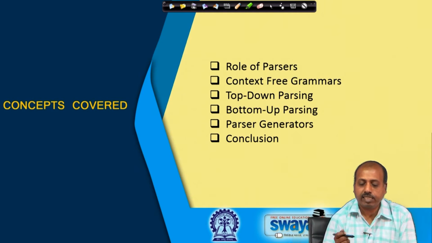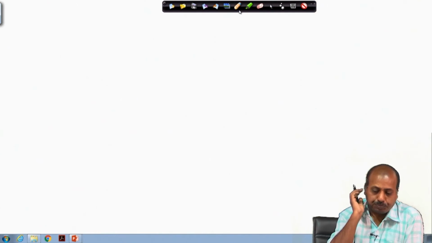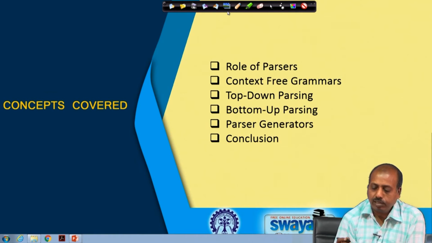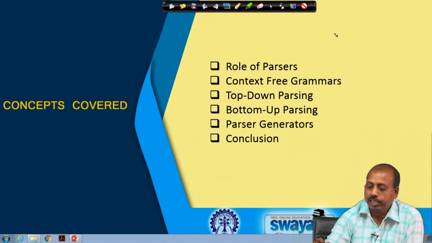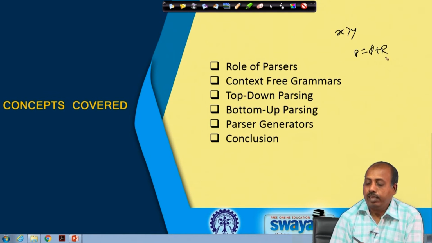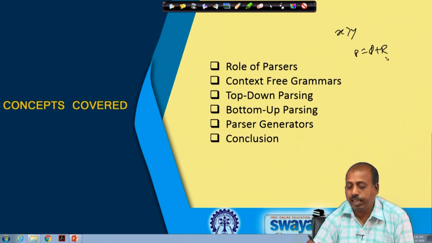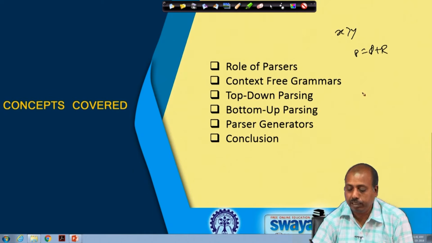Suppose I am given an input line, say x greater than y, then if p equal to q plus r, something like this, and there are some rules in the grammar that are used for specifying the language.